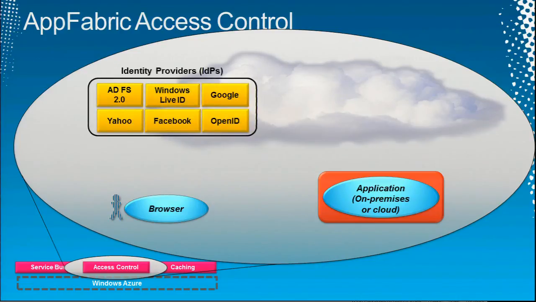Give me a Facebook login. Give me a login from Windows Live ID or Google or OpenID or even a corporate login from Active Directory, which can be exposed via this thing called ADFS 2.0. More and more applications are saying, user, don't log into me. I do not want to maintain login names, passwords. I just trust people like Facebook or others to maintain that stuff for me, and I'll take their data from you. We're seeing more and more of this.